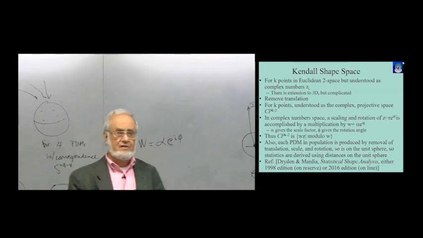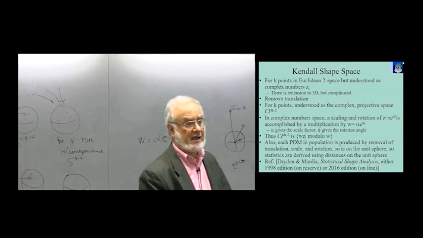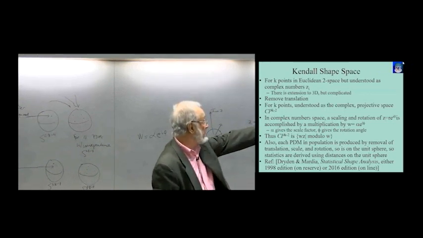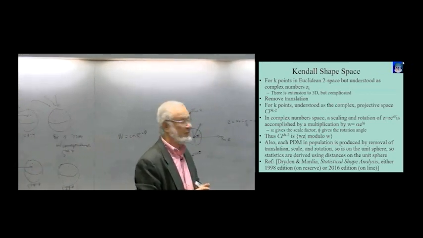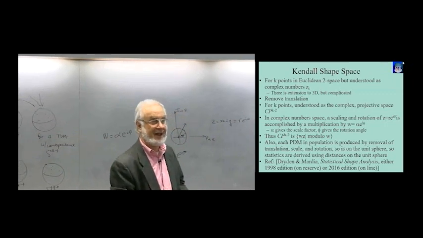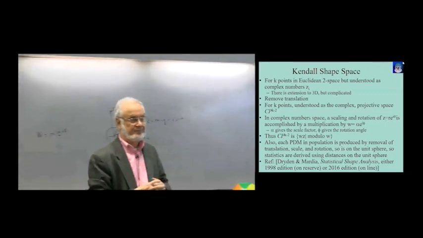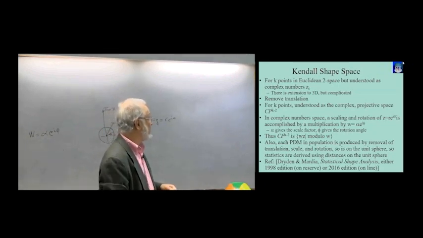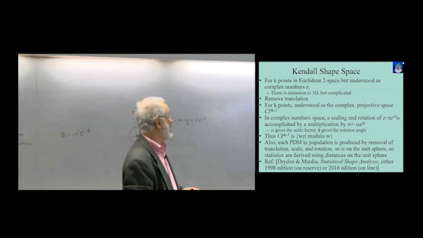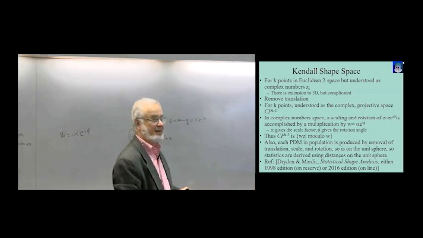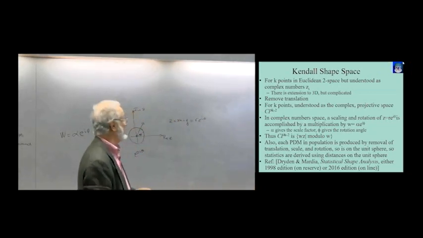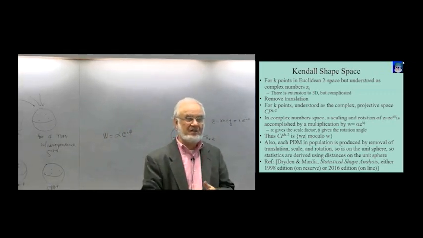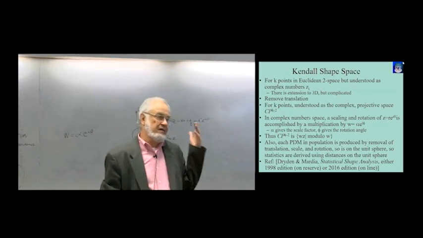And so they say there is an equivalence class of all z's multiplied by all possible alpha e to the i phis. And then this space, which is called the complex projective space, CP to the k minus 2 for k points, is their representation of PDMs.